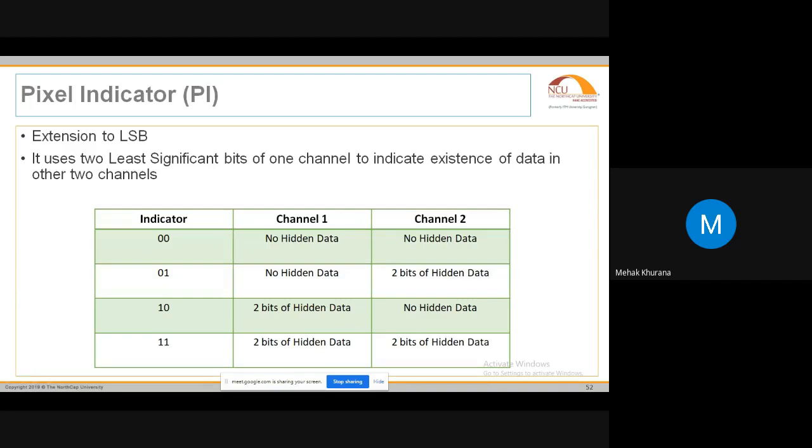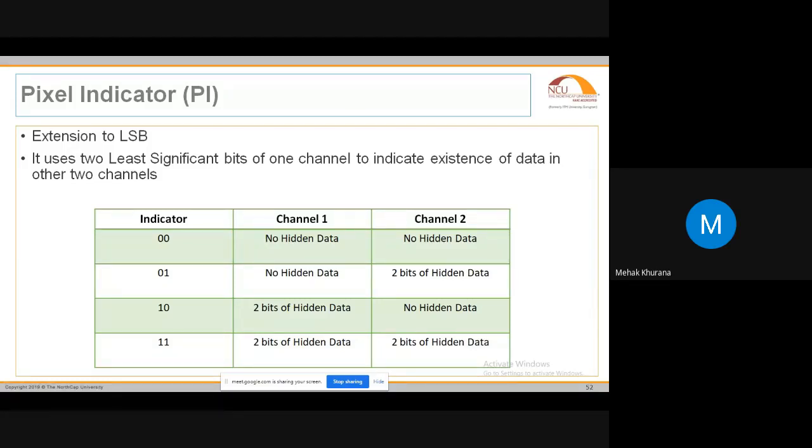So there is another method that is the extension of your LSB, where we are changing the 2 bits, but not in all the 3 channels. That 3 channels means your red, blue, and green. I will only be adding the content, or my data that needs to be hidden, in channel 1 or channel 2, and that will be indicated in channel 3, because how will the receiver get to know whether the message has been received or not?